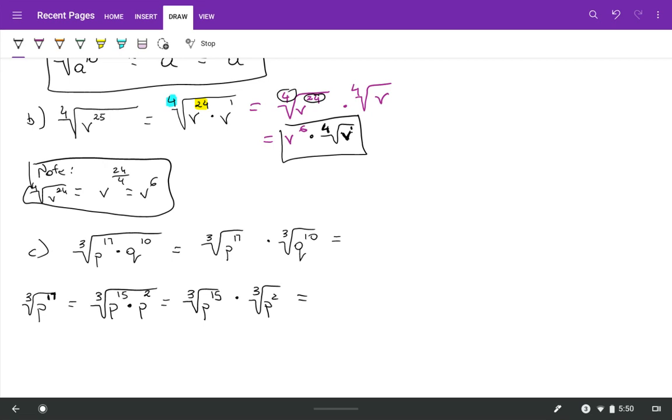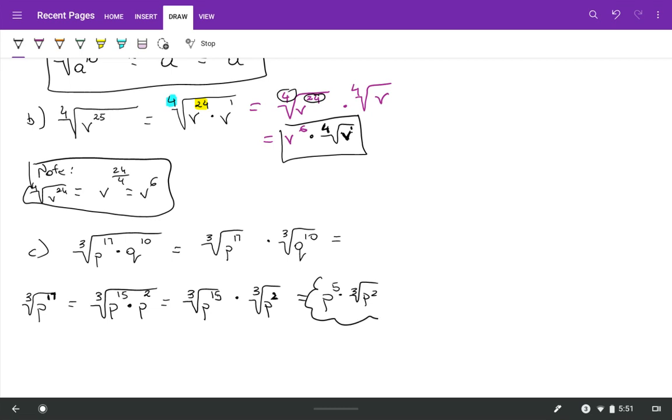And cube root of p to the power of 15, so use that shortcut, that will be p, and 15 divided by 3 will give you 5. And this one, cube root of p to a second power, we cannot simplify that because the exponent inside of the radical is less than the index of the radical. So we're just going to copy that as cube root of p squared.